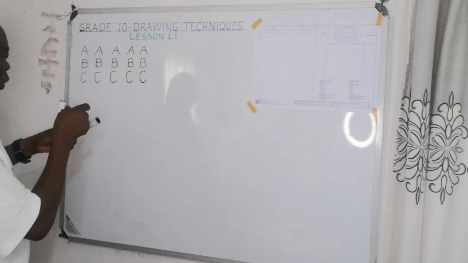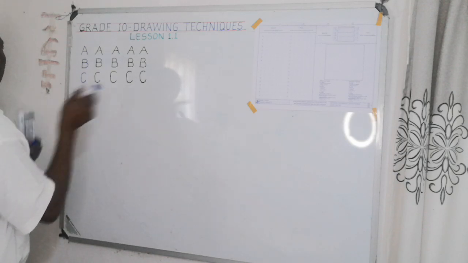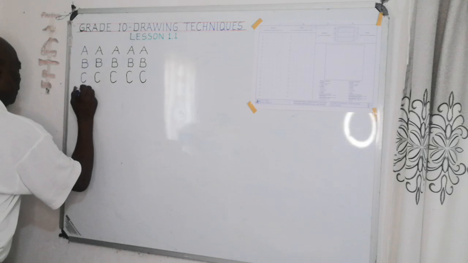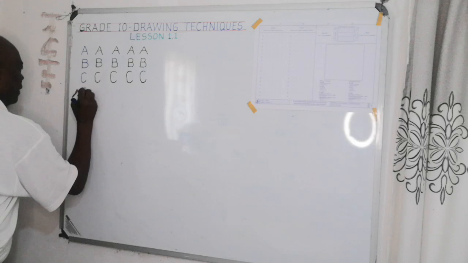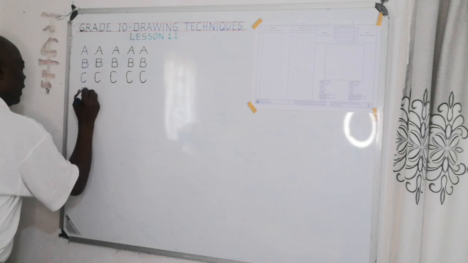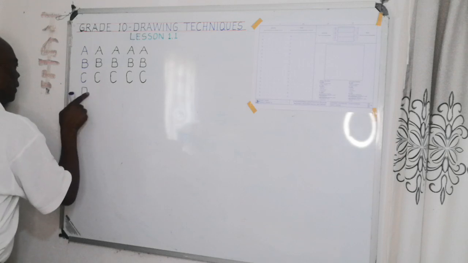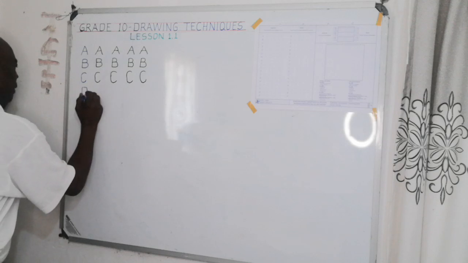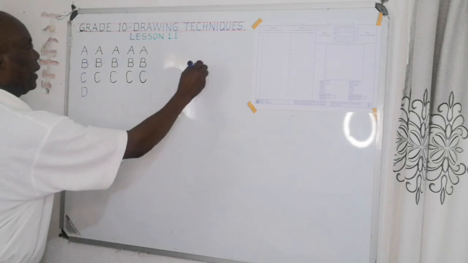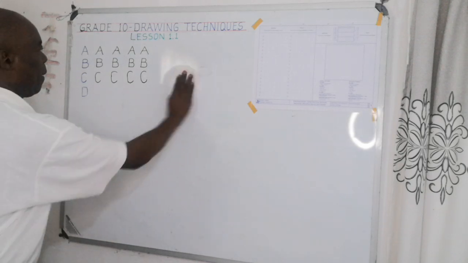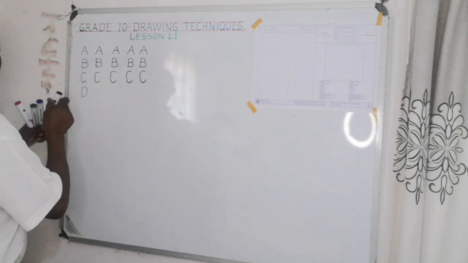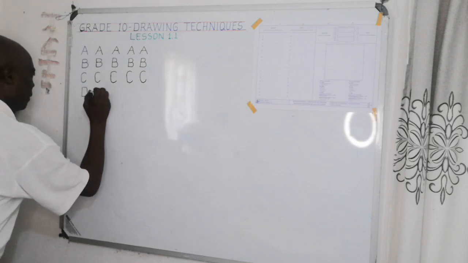Okay. Then we move on to D. D. It's a straight line. And then that part, it looks like a loaf of bread. Like that. That's our D. Not like this. That's wrong. Okay. And then let's complete the pattern.